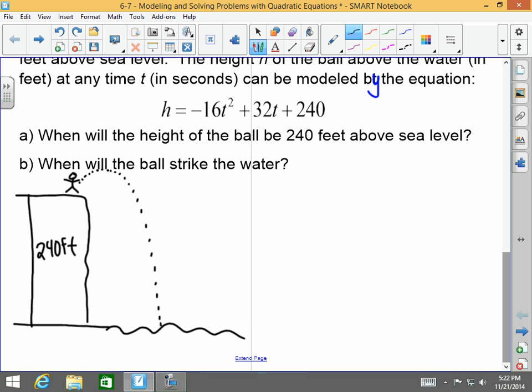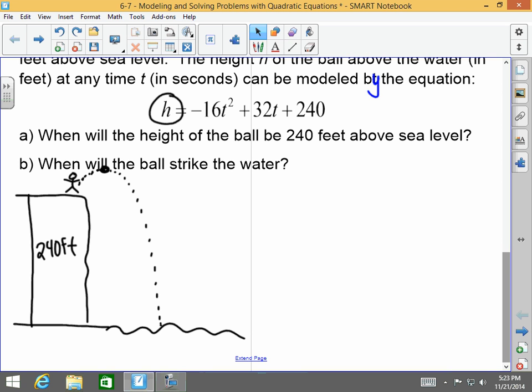We're really solving for a quadratic function, which is a parabola, this U-shaped graph that I kind of sketched out here. So to determine when the height of the ball will be 240 feet above sea level, we have to let h, which is the height, be 240, because I threw it up. When it's up here, it's higher than 240.